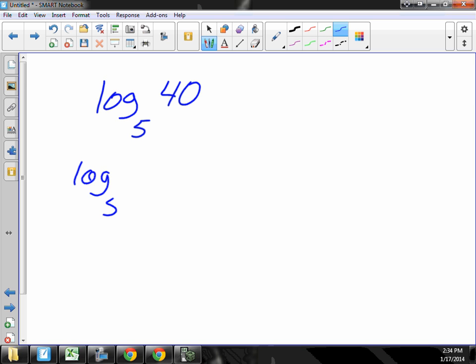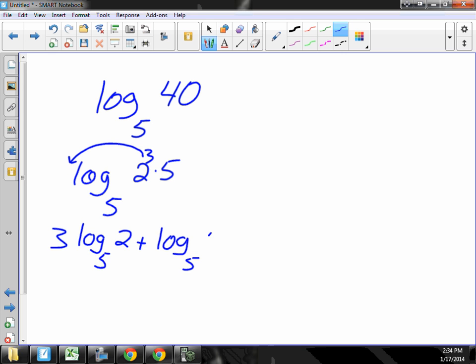Log base 5 of 2 to the third times 5. And I'm allowed to bring this out front of the 2, not the 5. So 3 log base 5 of 2 plus log base 5 of 5. So this is 3 times 0.4307 plus 1. Does that make sense?